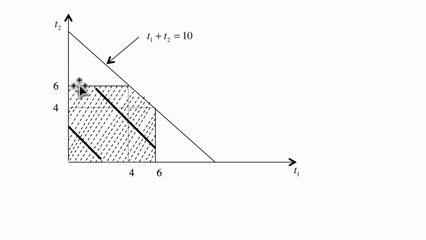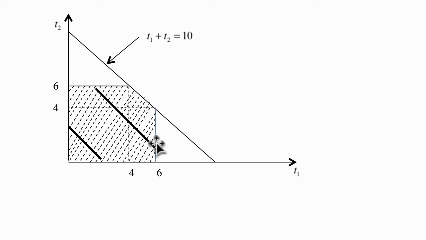But for the second case, where the sum of the two is more than 6, we have to be within this shaded area. That's why we only look at the line within that region.